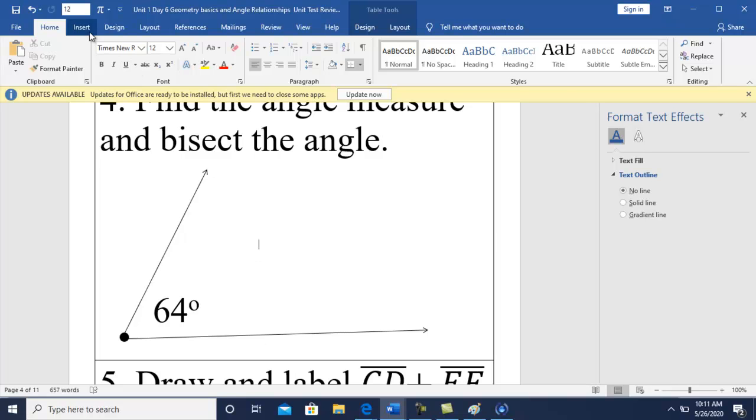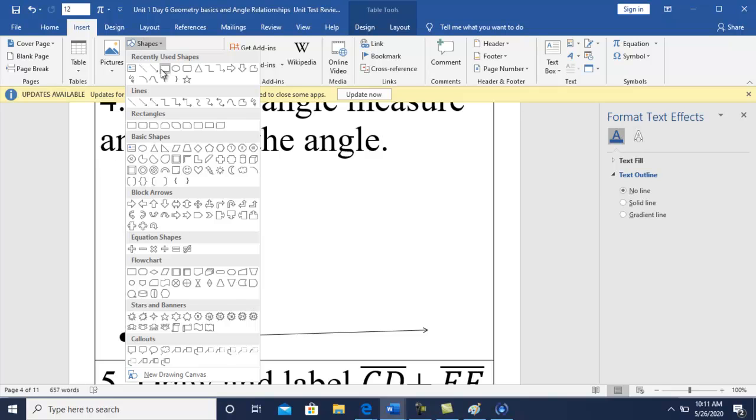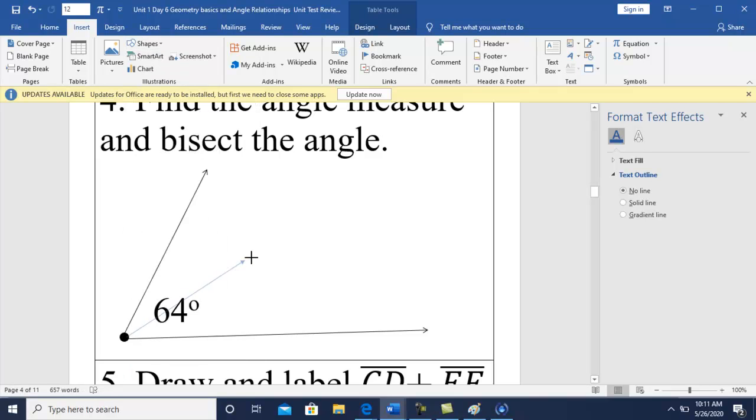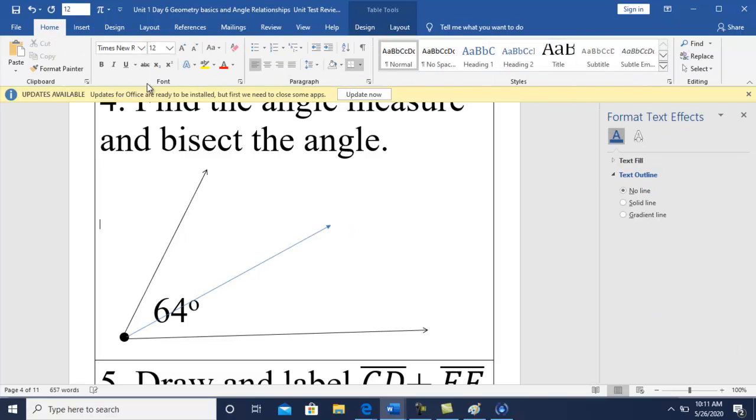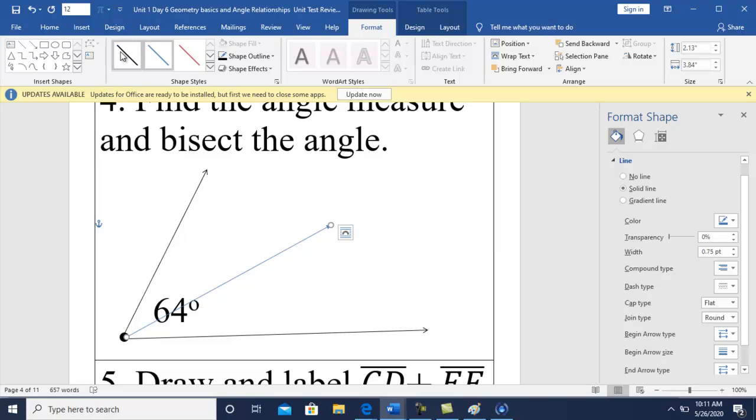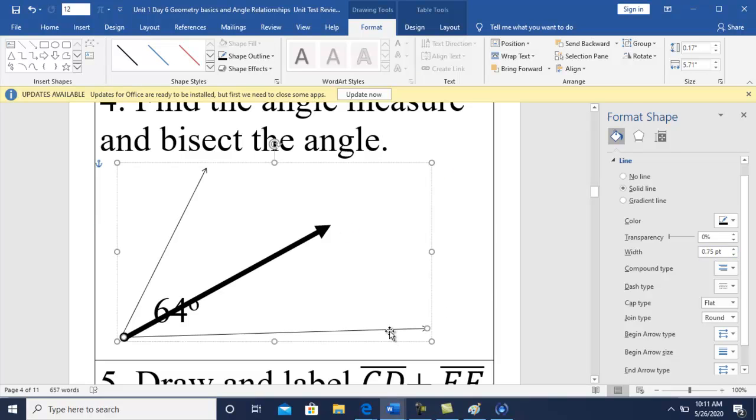So we need to insert, we're going to draw a shape here. Okay, so we'll make that a little bigger here. Do that for the other two here. And one more time.